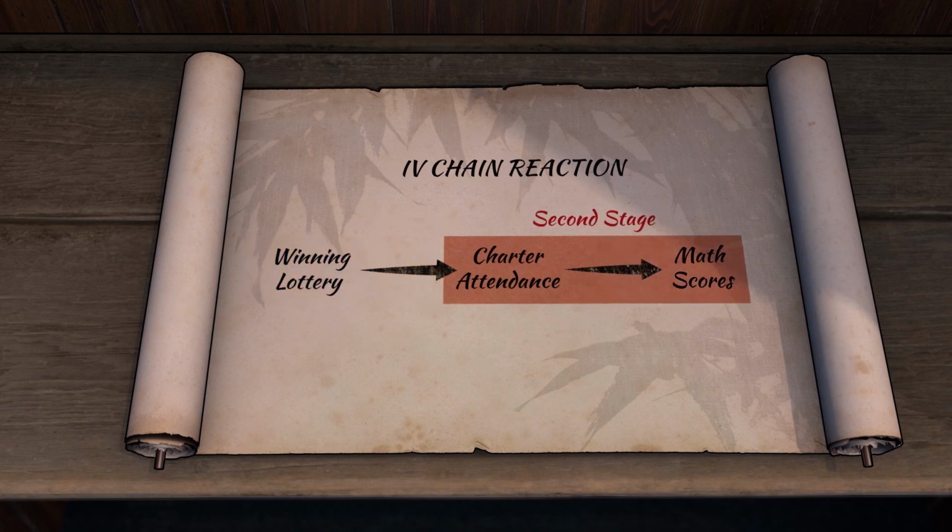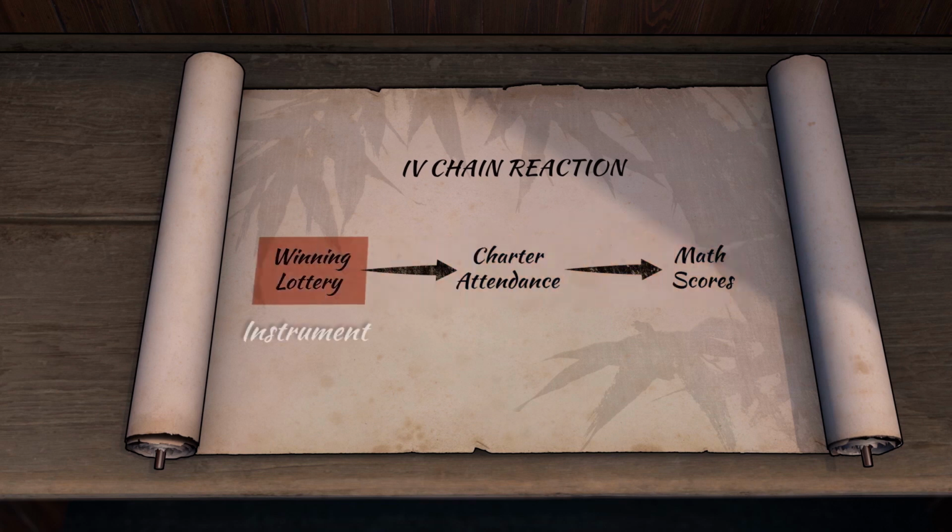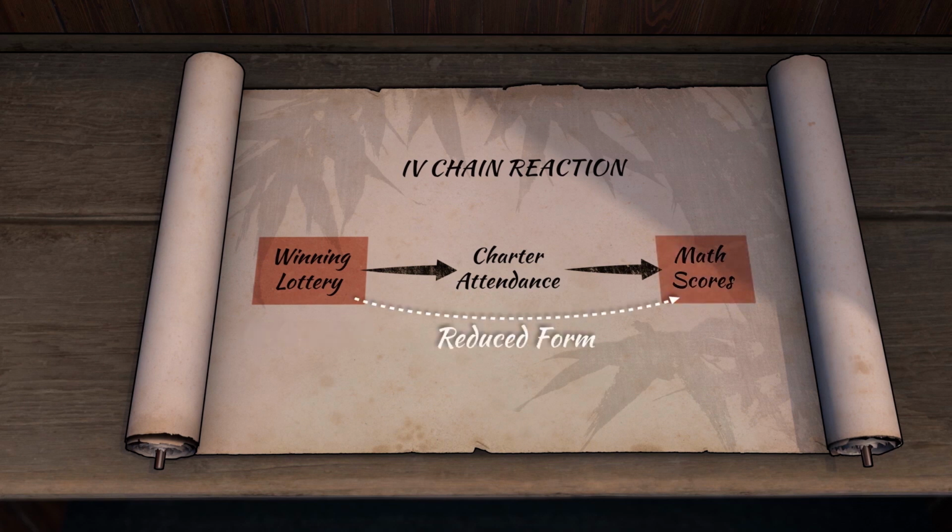The second stage is the link between attending a charter and an outcome variable, in this case, math scores. The instrumental variable, or instrument for short, is the variable that initiates the chain reaction. The effect of the instrument on the outcome is called the reduced form.